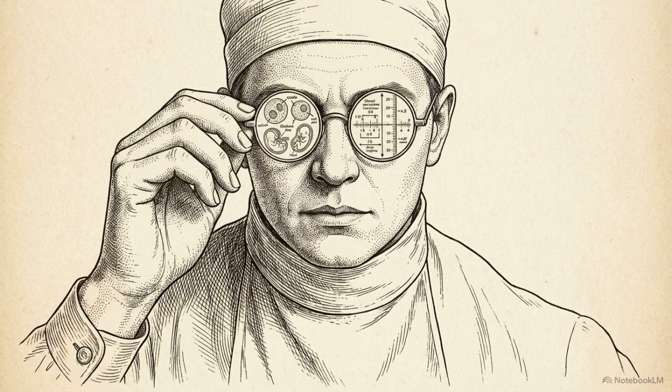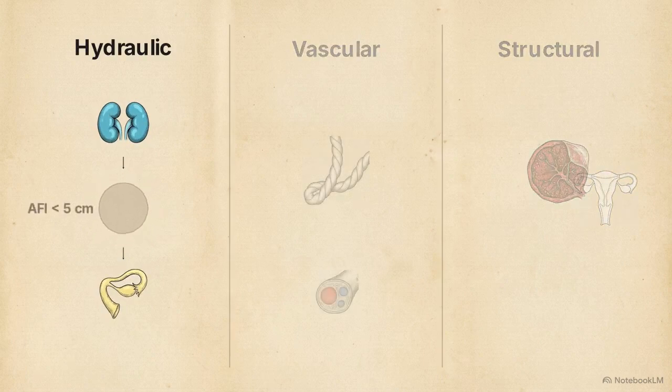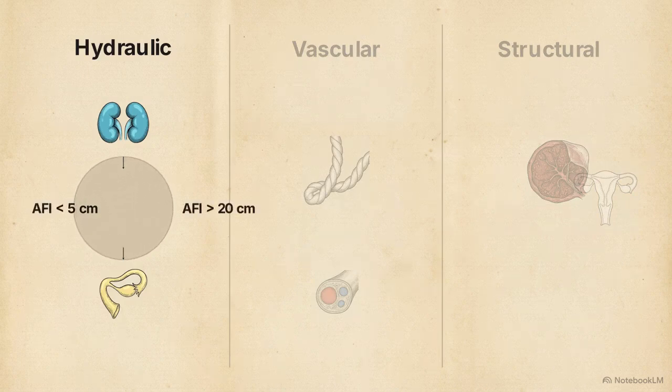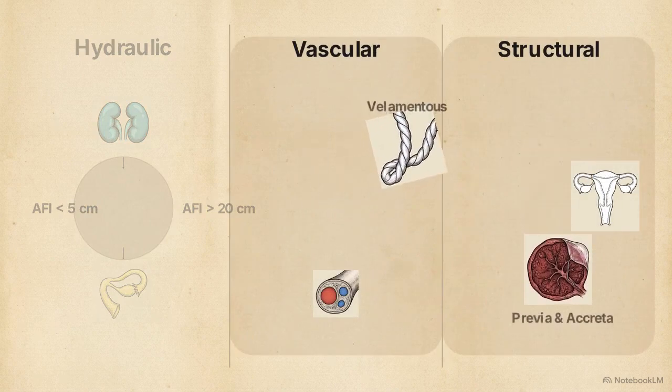This tripartite model synthesizes the sonographic data. Evaluation relies on validating the hydraulic fluid system, vascular cord, and structural anchor. Extremes in fluid volume require targeted fetal renal or gastrointestinal workups. Variations in cord insertion or abnormal placental location predict perinatal hemorrhage.